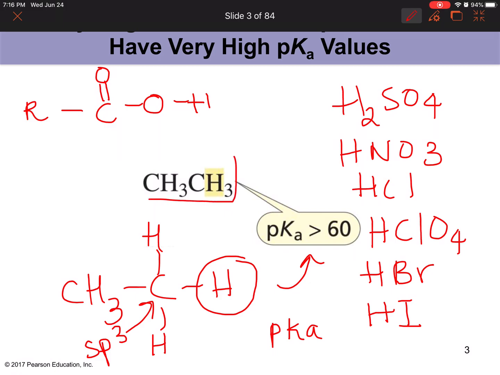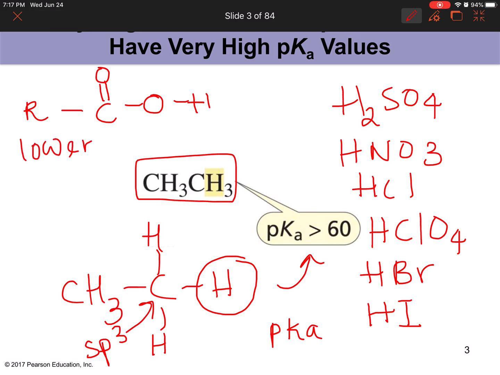Now this is an alkane. We don't normally consider this an acid, but we can find out the pKa of that hydrogen. So we can compare the acidity of hydrogens on the carbon that is an sp3 carbon, and then the acidity of the hydrogens on different carbons.